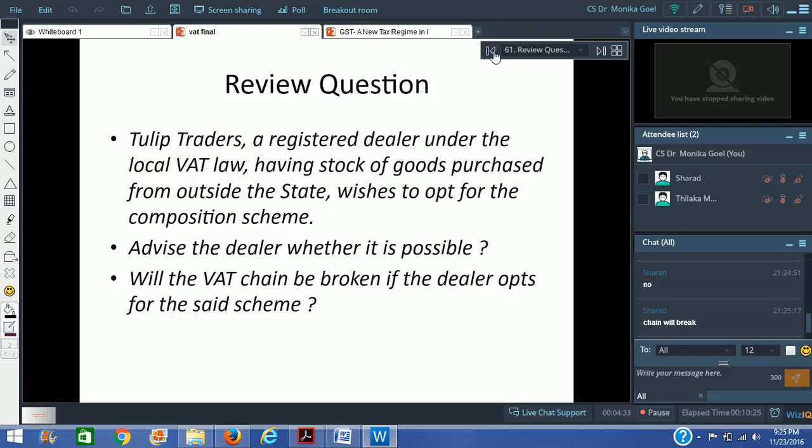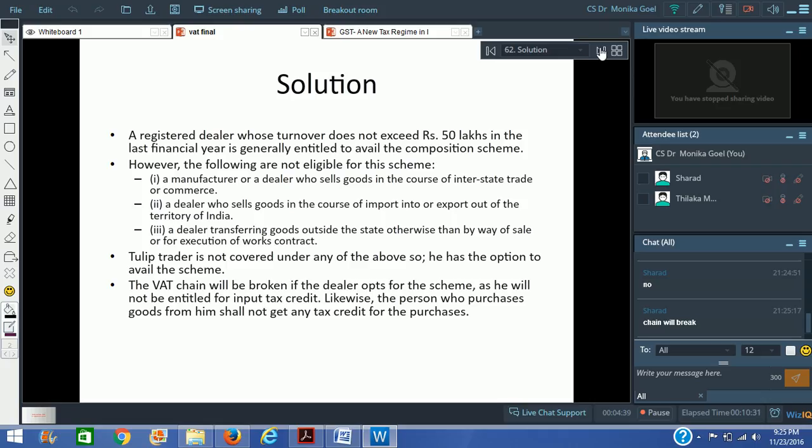The second part of the question was, will the VAT chain be broken if the dealer opts for the said scheme? The answer is yes. The VAT chain will be broken because he is not issuing a VATable invoice, and he is not even allowed to claim the input tax credit.